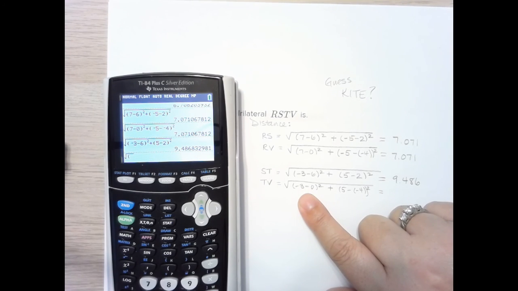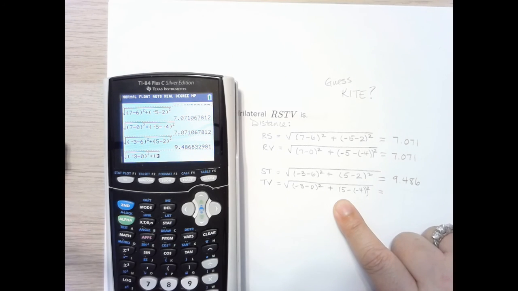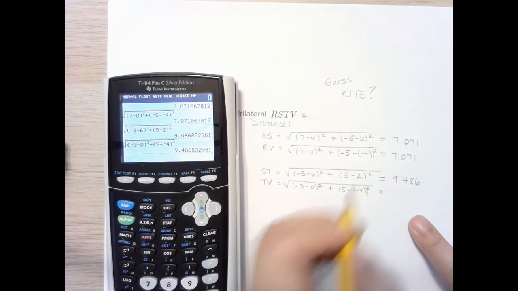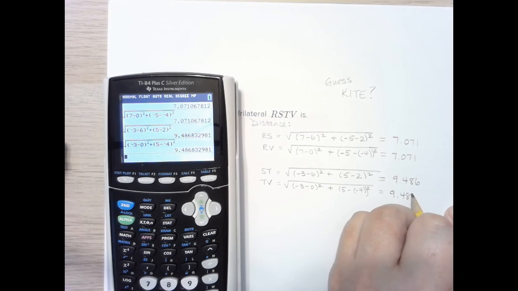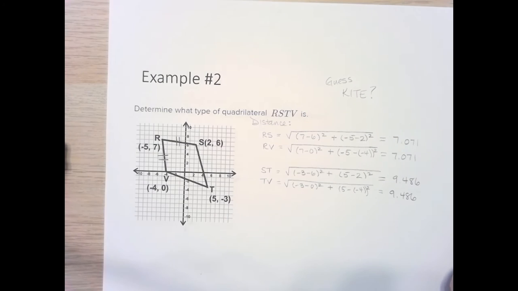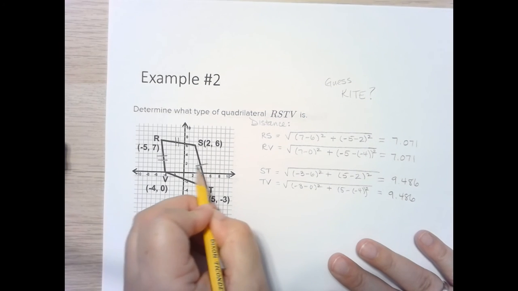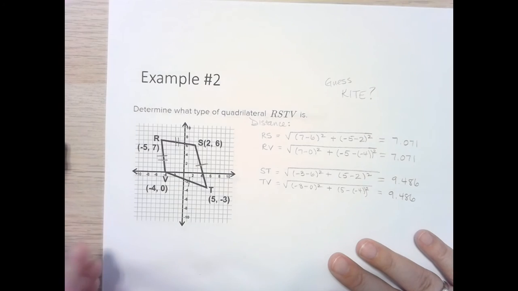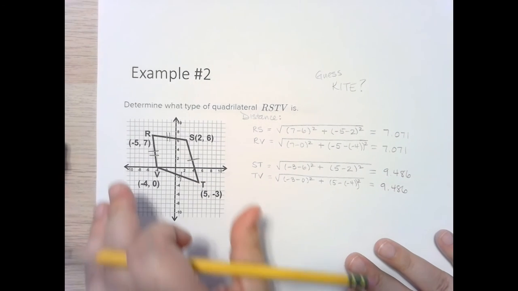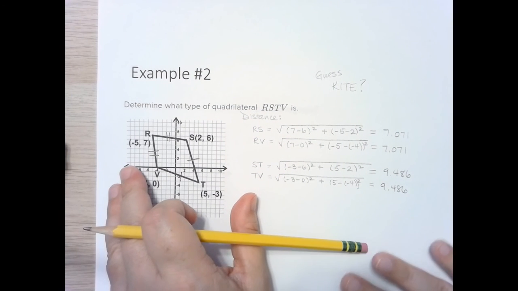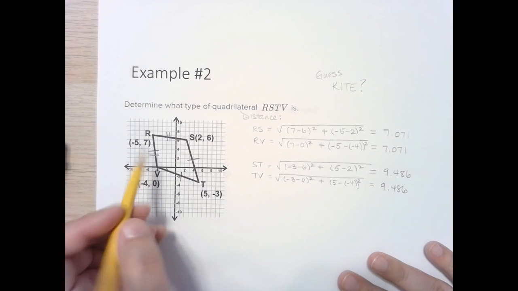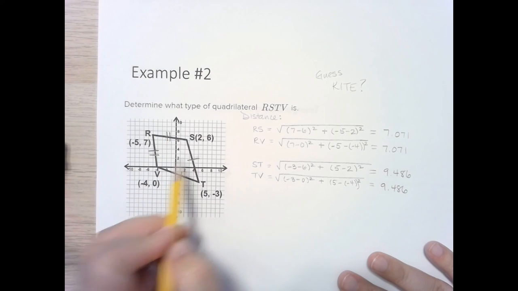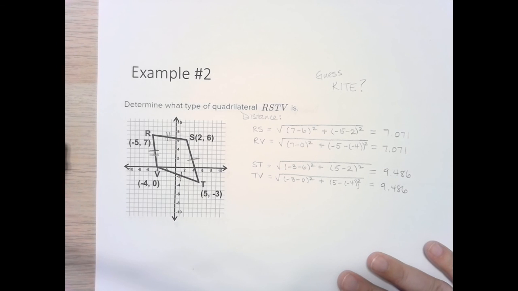Now I'm going to do the next one, 5 minus negative 4 squared, and get the same thing. So now I know that this and this have the same measurement, and that's exactly what I want to have a kite: these two sides have the same measurement.